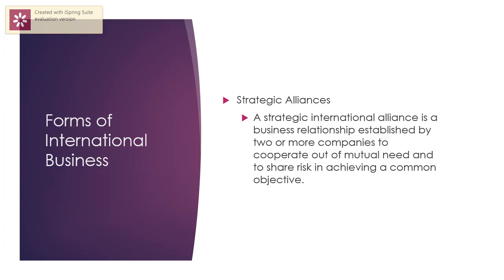So, what happens in a joint venture is that they form a separate legal entity to carry out and continue their operations, whereas in strategic alliance, they come together to form a separate legal entity to carry out continuous business operations.